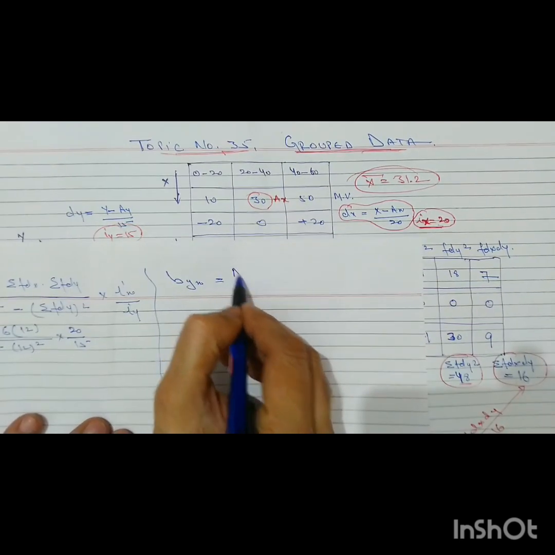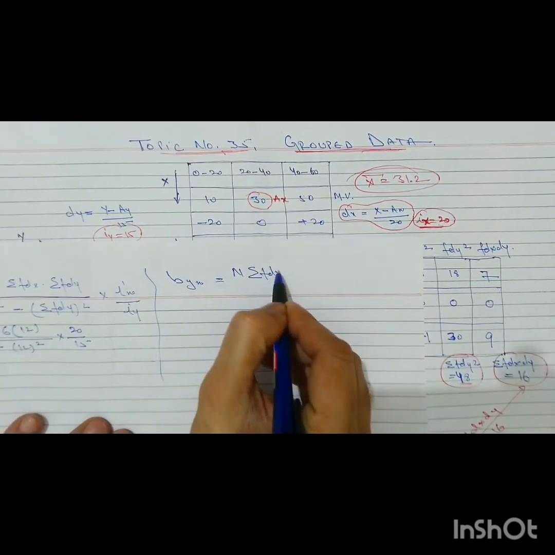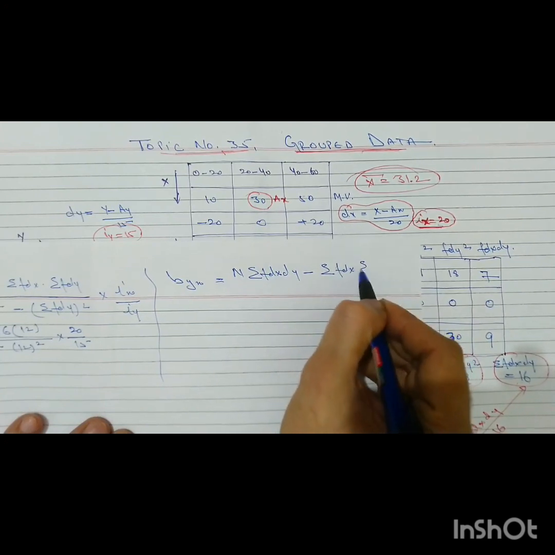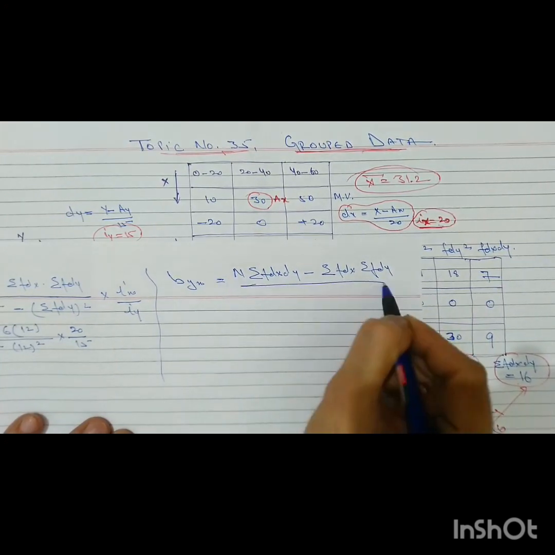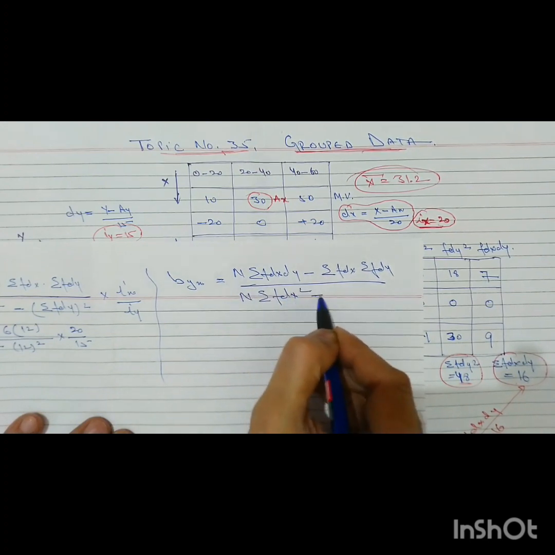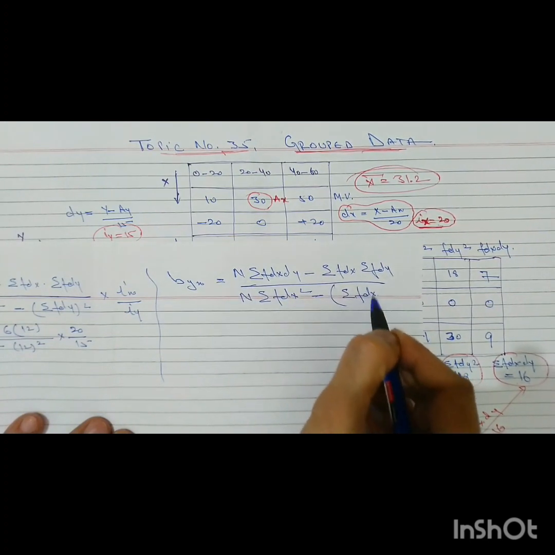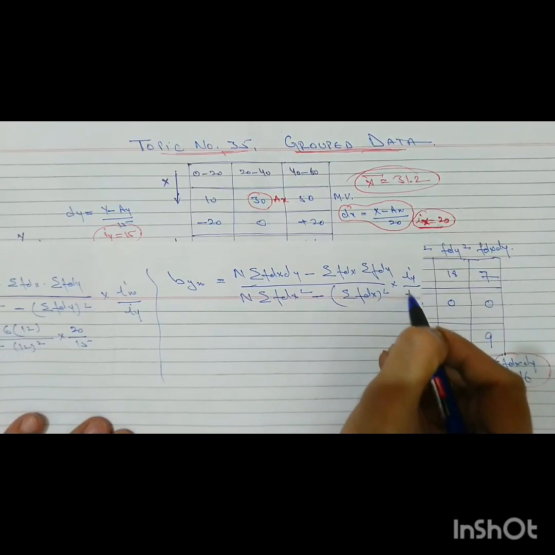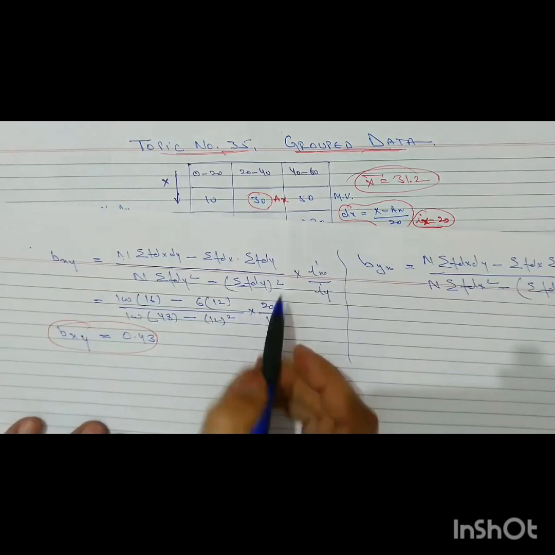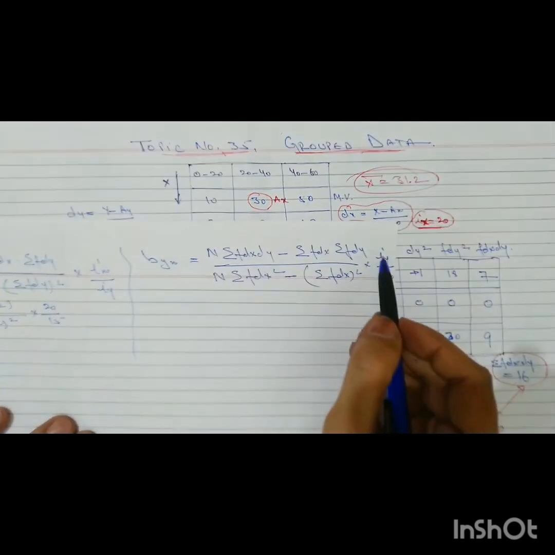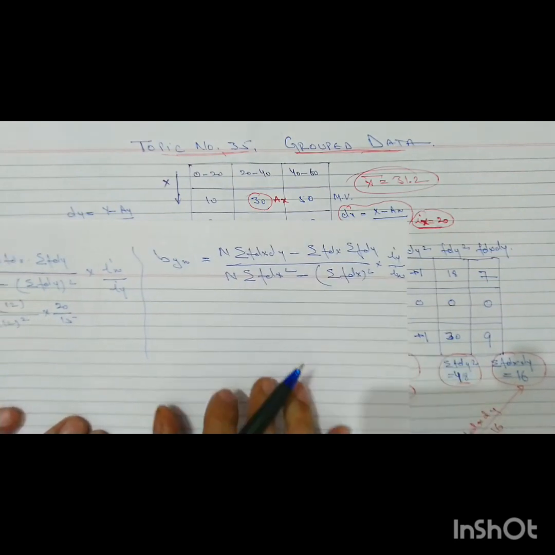The formula is n summation f dx dy minus summation f dx summation f dy over n summation f dx square minus summation f dx the whole square, into Iy over Ix. Right? For bxy it is Ix over Iy, and for byx it is Iy over Ix.